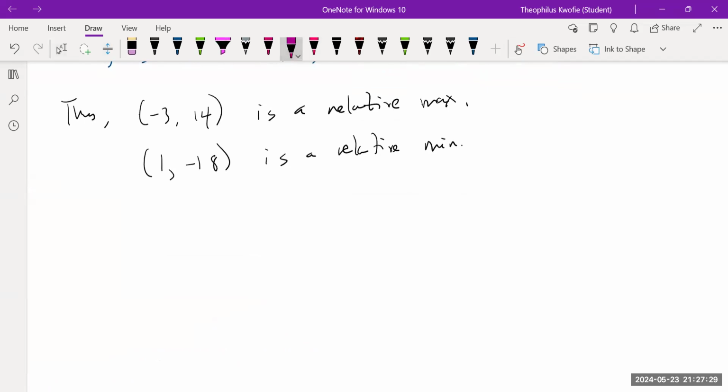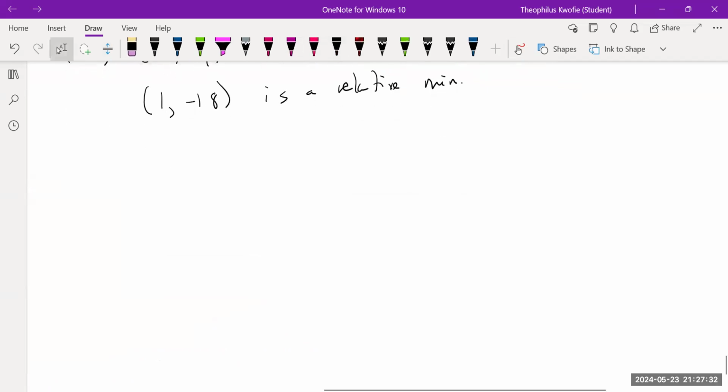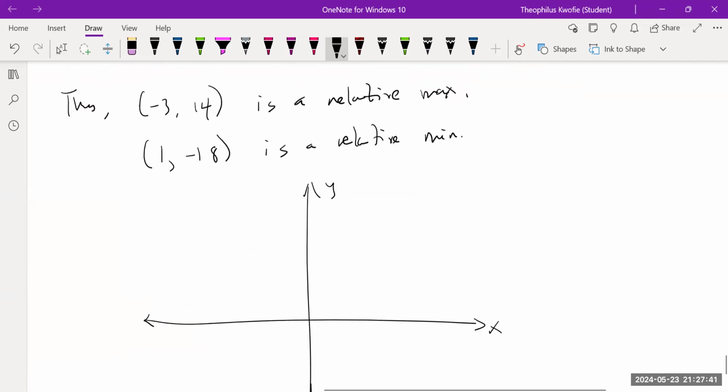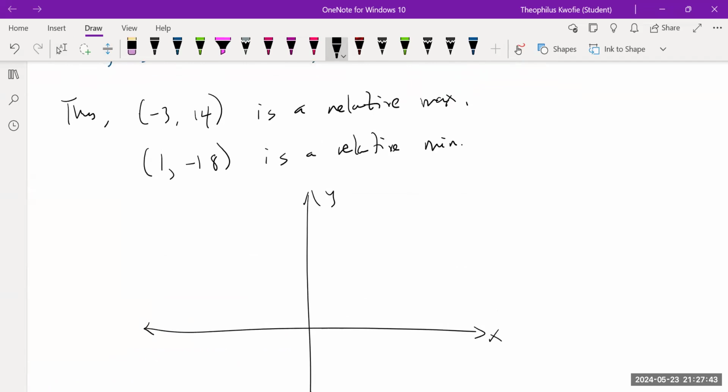Now we have a relative maximum at -3. Suppose this -3 is here, and then the 14 is somewhere here. Then it means that here will be our turning point. Let me just lower this a bit.